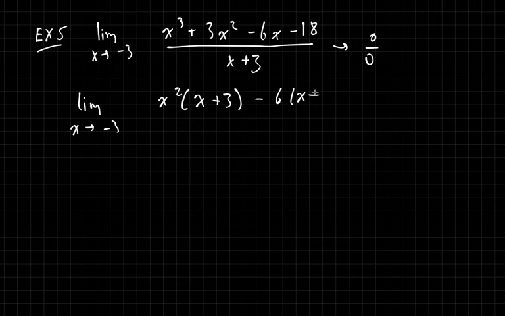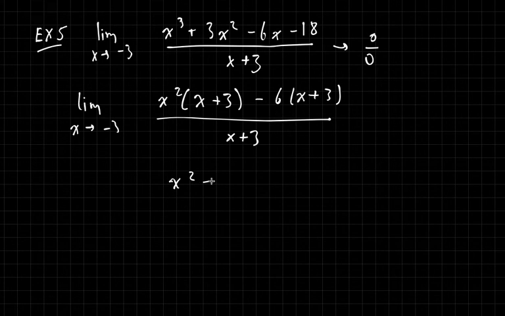And the reason I did it this specific way is because I'm trying to factor in such a way that I have common factors here and here, x plus 3, right? So the bottom will just be x plus 3. And the reason this is so useful is because now I can rewrite this as x squared minus 6 times x plus 3, right? This gives this because if you expand this, this is just x squared times this minus 6 times this, right?